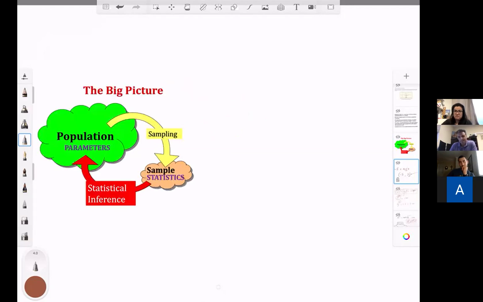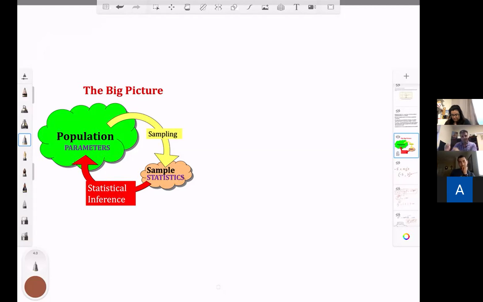All right. So the statistics part. The point of this statistics course is that we would like to get an idea about a population. But because the population is huge, we cannot get all the information from it.